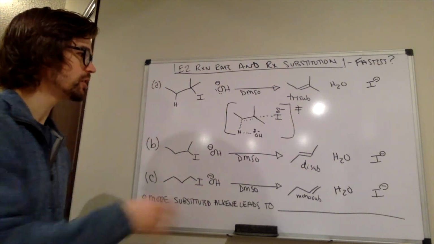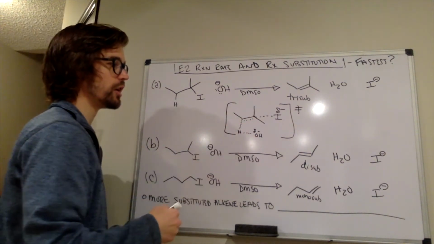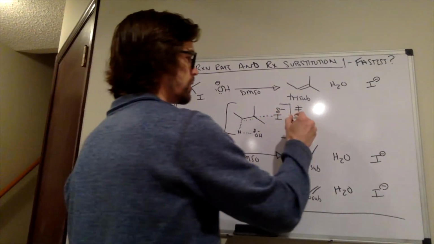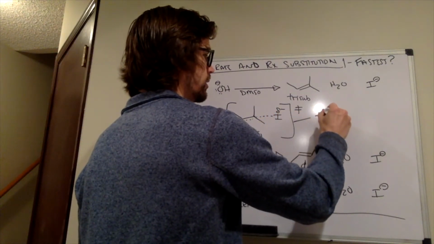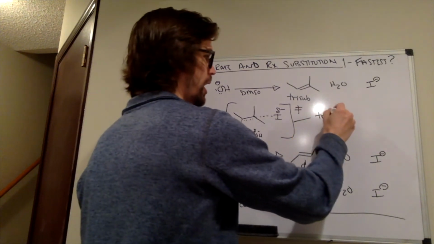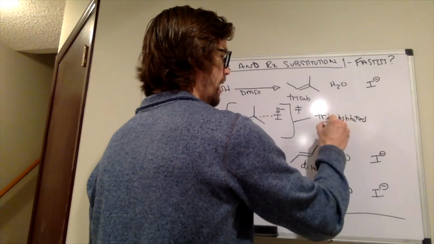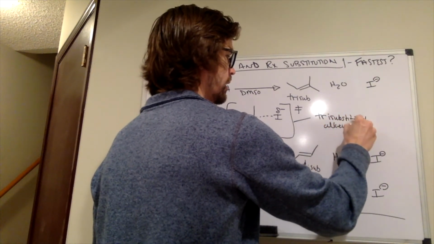So essentially, the intermediate structure has alkene character that is tri-substituted. So this transition state has tri-substituted alkene character.